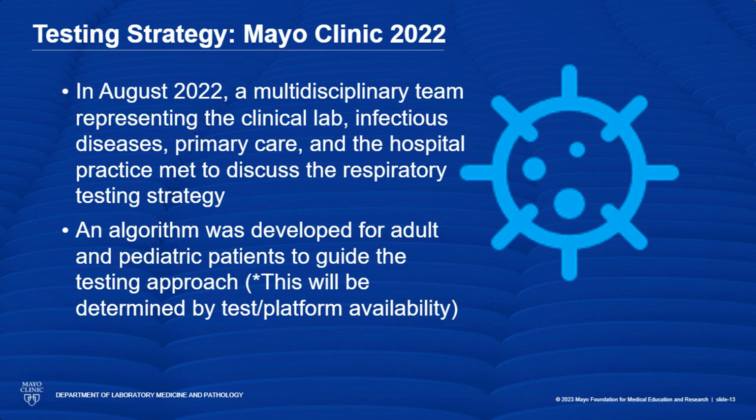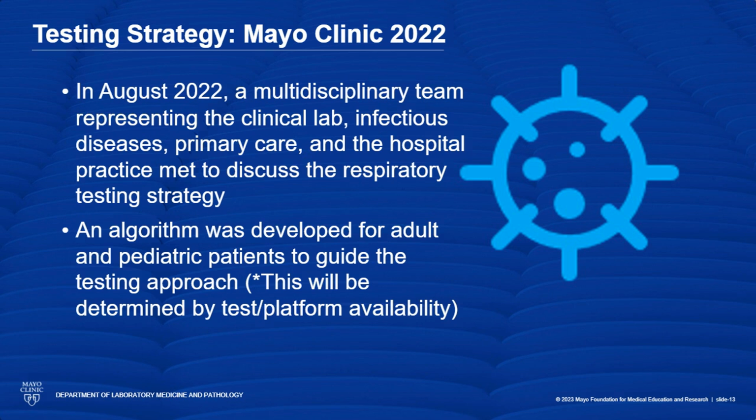So each year, usually in August or September, we have a multidisciplinary team that gets together. There's representatives from the clinical laboratory, our infectious diseases team, primary care, and our hospital practice. And we meet and talk about our respiratory testing strategy. What viruses are going to be circulating? What tests do we have currently in the laboratory?